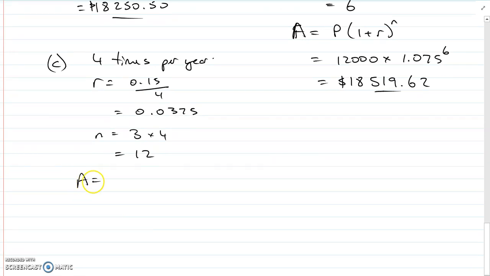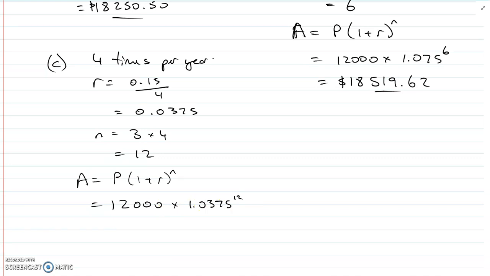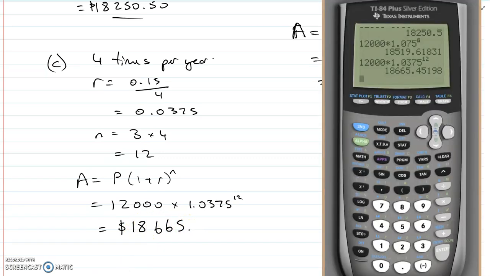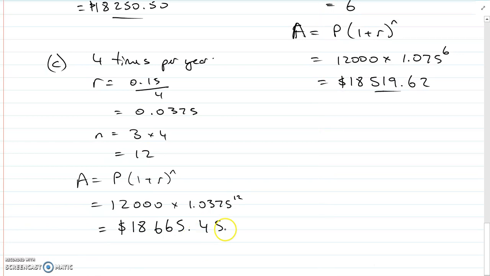So A equals P times 1 plus R to the N, so 12,000 times 1.0375 to the power of 12 is $18,665.45. So it's gone up again.